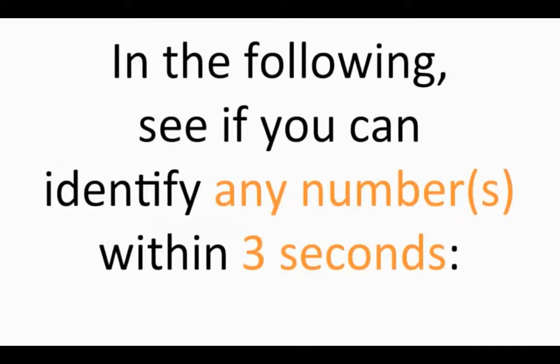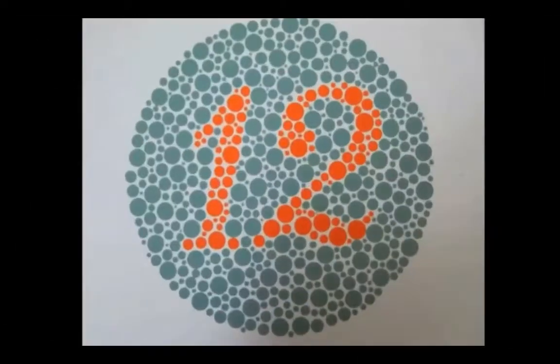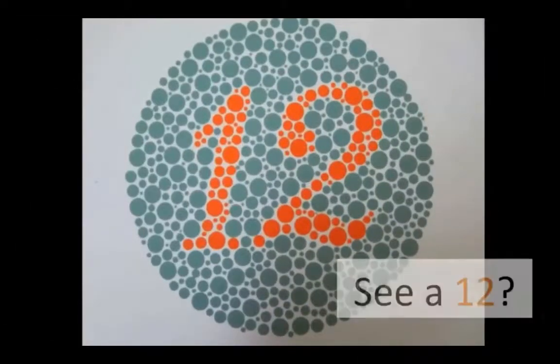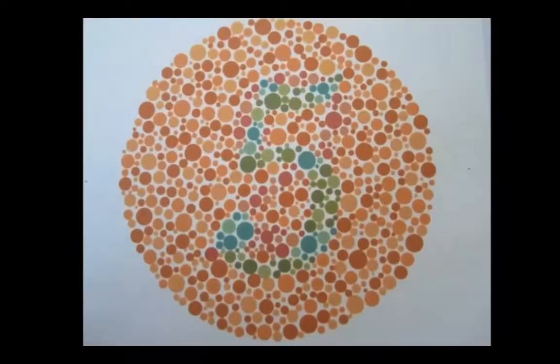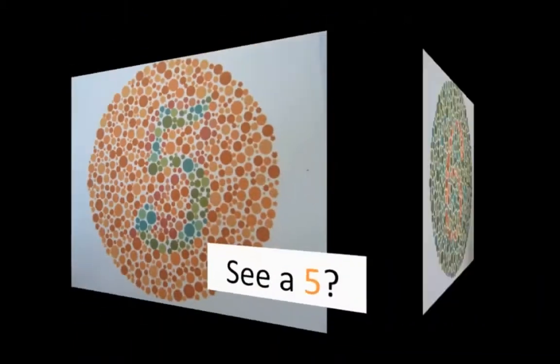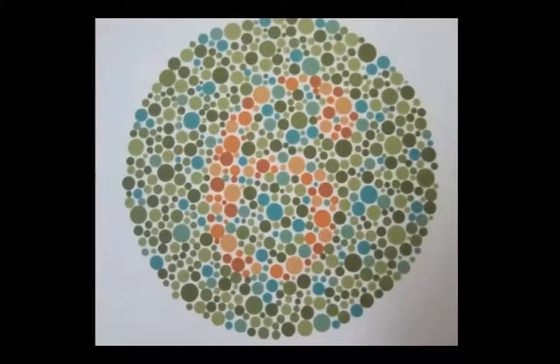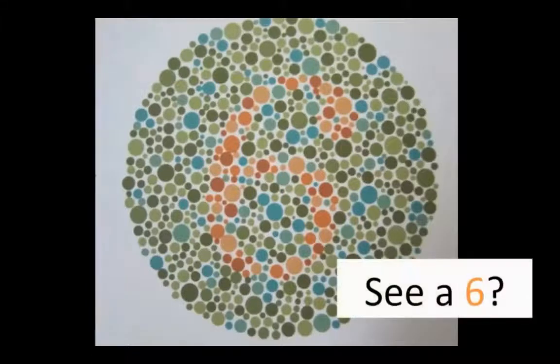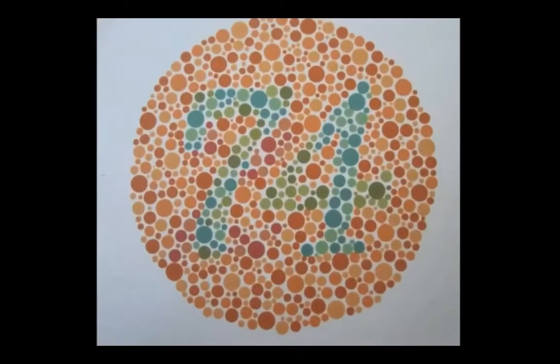So 3 seconds, okay? Try it in 3 seconds. Yeah, I can see that one. A little difficult, more difficult, but I can see it. I can still see it. Yeah, I can't see this one at all. Okay, I can see this one.